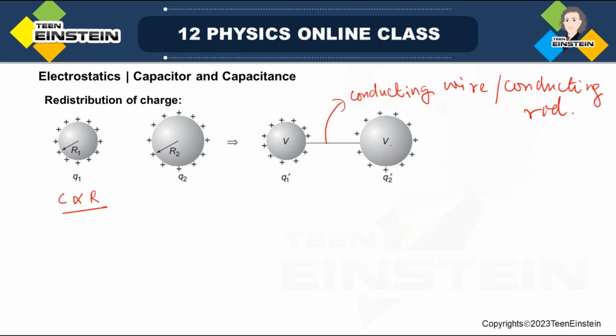This flow of charge will stop only when the potential of both capacitors becomes the same. This is just like the flow of water or liquid: until the height of the liquid became equal, the flow of liquid was continuing.